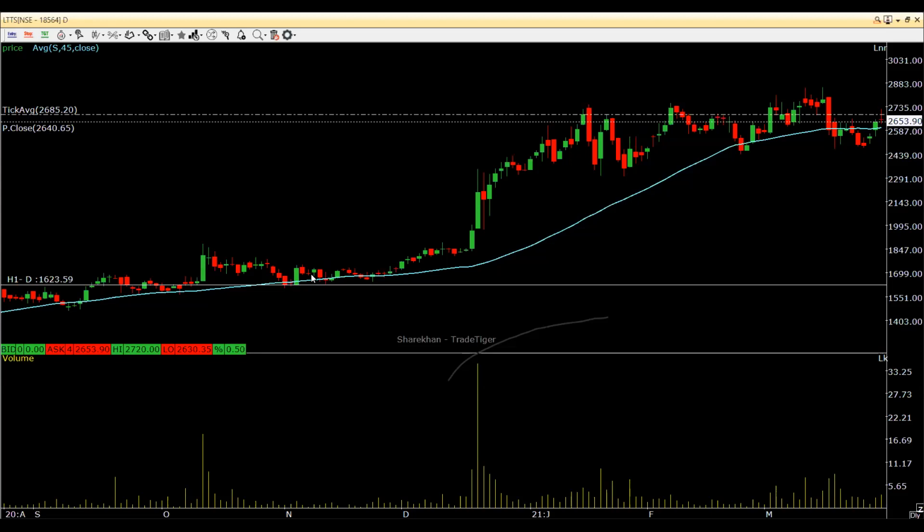Again, it went up, but again without any volume. So you know for sure if the volume is not there, you can be rest assured the price will come down again. There's no interest in that company. That is what it means, right? When there is no interest, it will keep drifting down. So when it came down here, you should have bought.